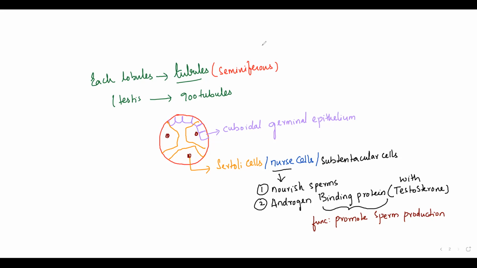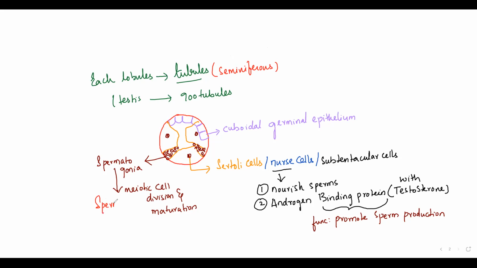And remember children, in between the Sertoli cells there are n number of cells, and these cells are none other than the spermatogonia. They are the primary cells which undergo meiotic cell division and maturation in order to produce your spermatozoa.